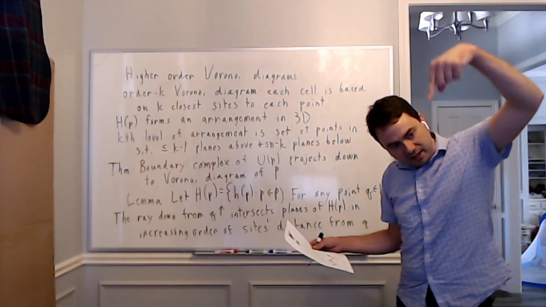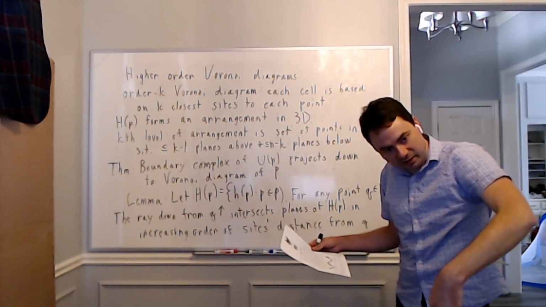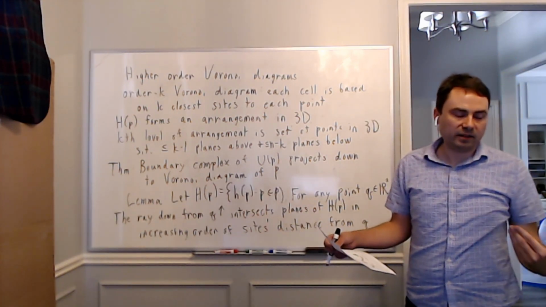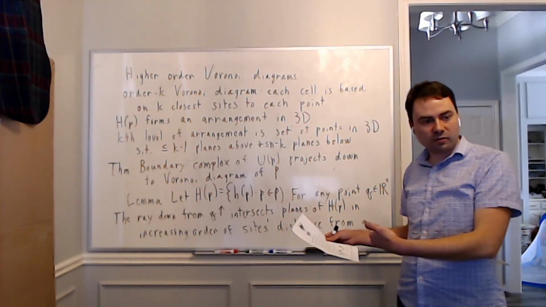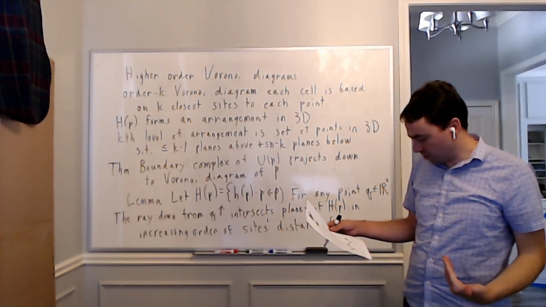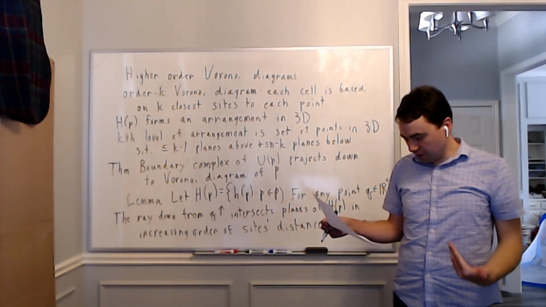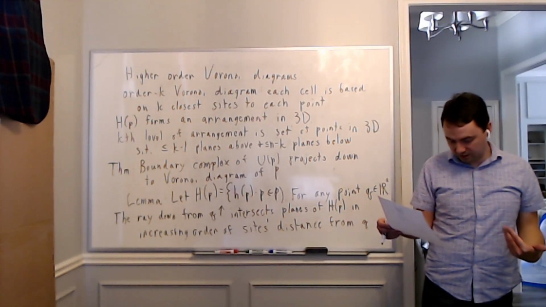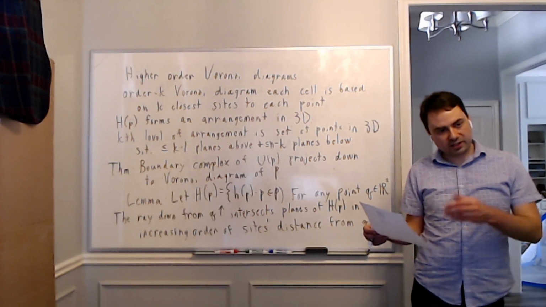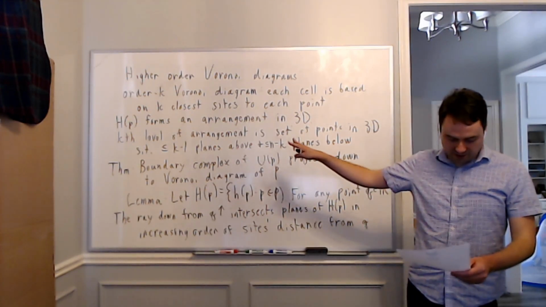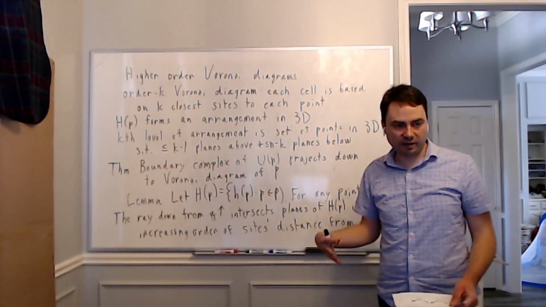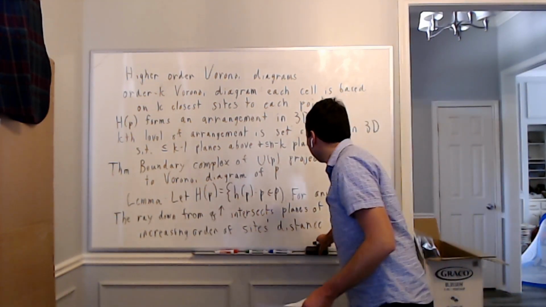If I go K planes down, then I learn which cell of the K order Voronoi diagram that Q belongs to. So the bottom boundary of the Kth level of this arrangement actually projects down to the boundary of the order K Voronoi diagram.